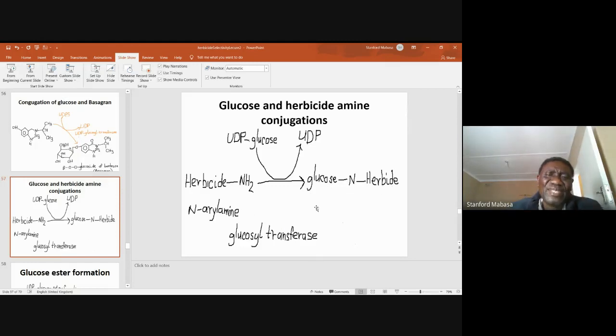And you need glucosyl transferase to catalyze this reaction. So in the second part, we now have glucose N herbicide. In the first part, we had glucose O herbicide.